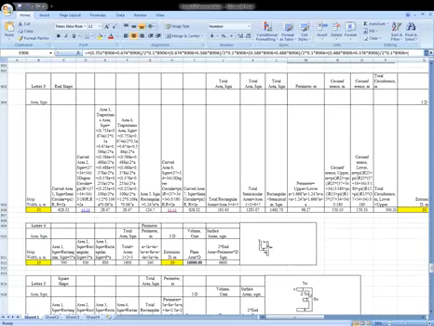0.753, 0.674, 5.86, then 4.88, and then 3.78, and then 2.53.